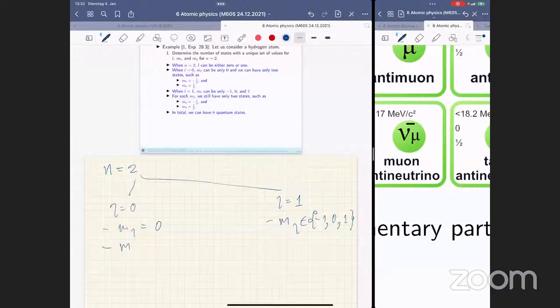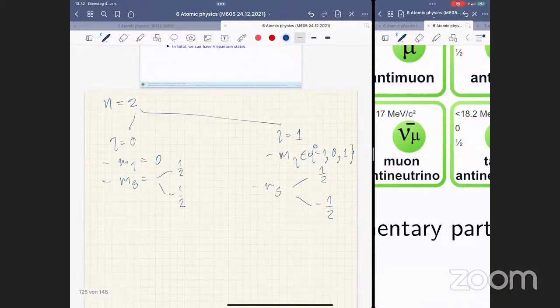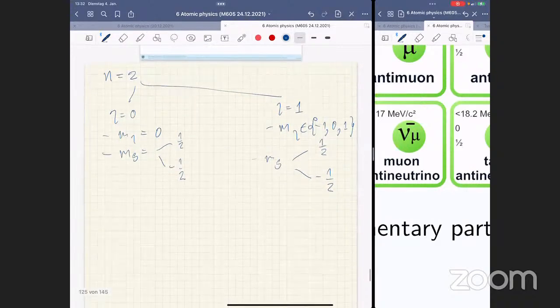MS could be 2 things, 1/2 and -1/2, and this is also valid for the case here. So you could have 1/2 and -1/2.